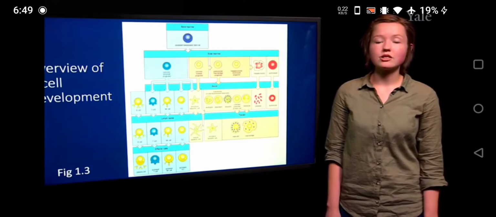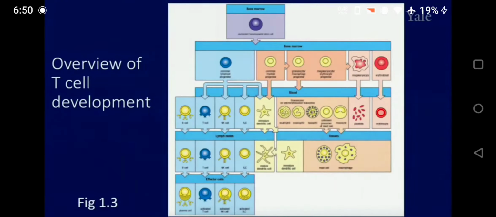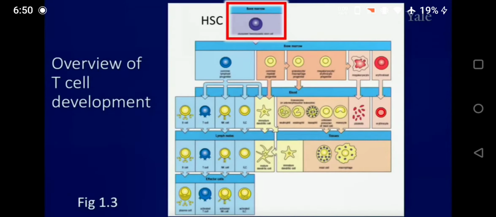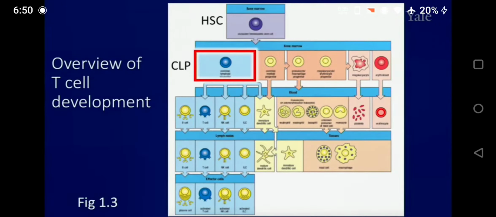So first, let's just start out with an overall view of T cell development, starting from the hematopoietic stem cell stage, or HSC. As we have already covered, these cells give rise to all different cell types in the blood, including the myeloid compartment. But today we are specifically focusing on the development through the lymphoid compartment. So this will go through the common lymphoid progenitor, also referred to as CLP.